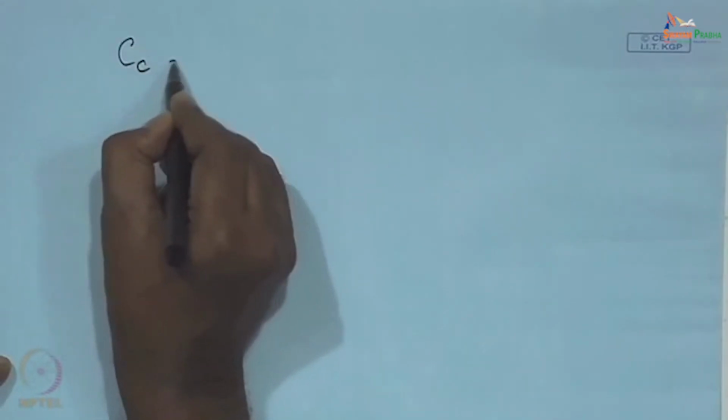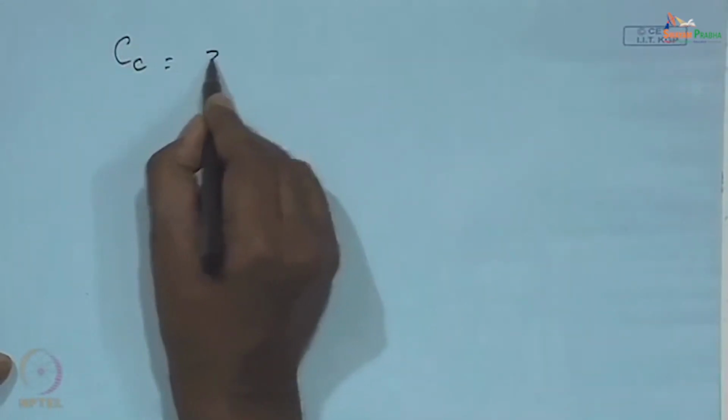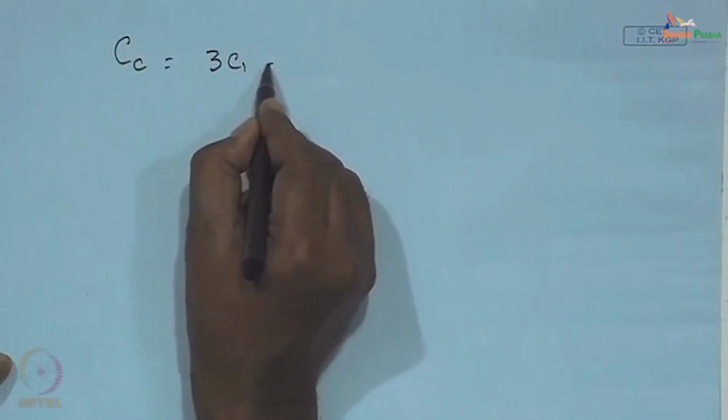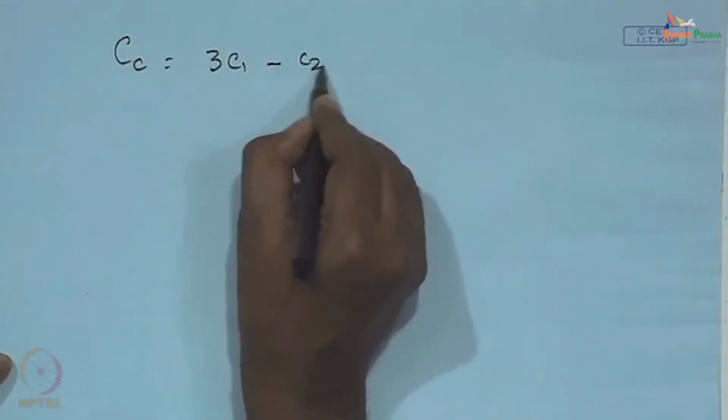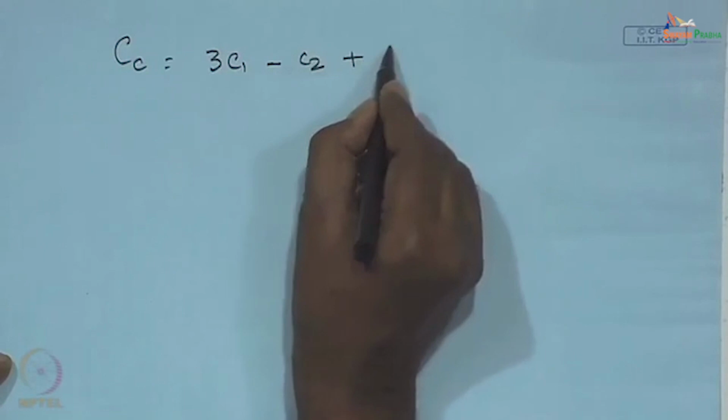The C C will be simply 3 times C 1 minus 1 times C 2 plus 1 times C 3.